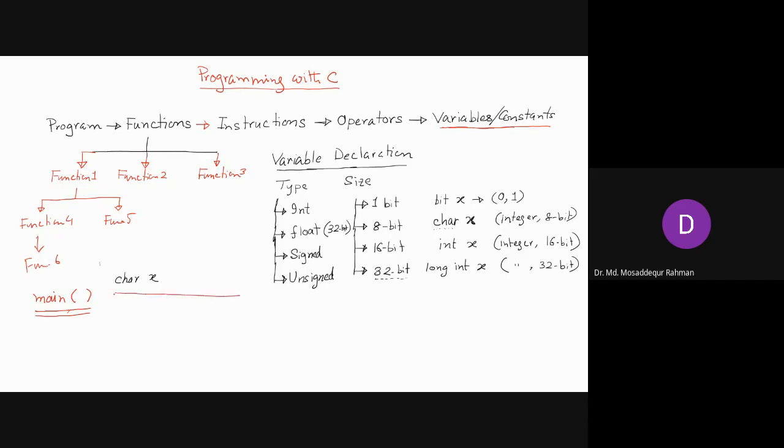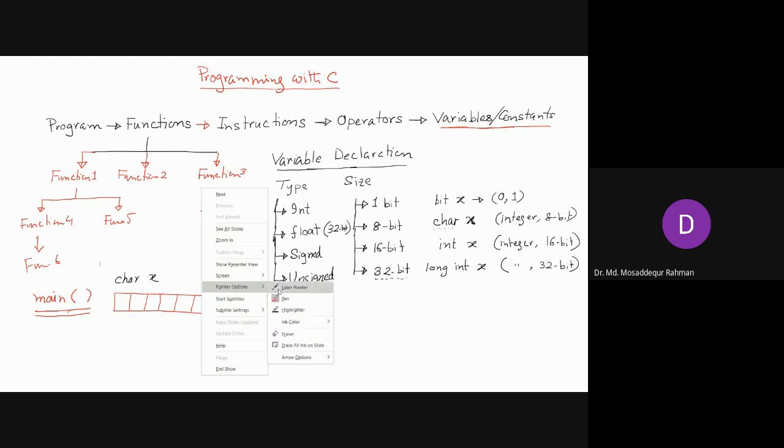Char x means this is 8-bit long. Our initial value is all zeros, and then we can have all ones.